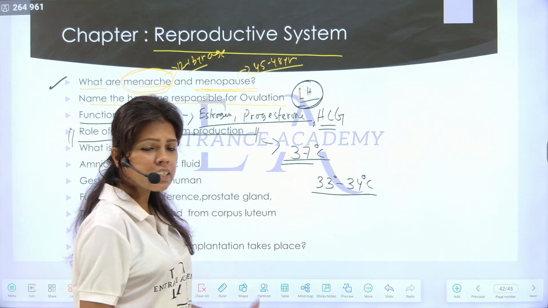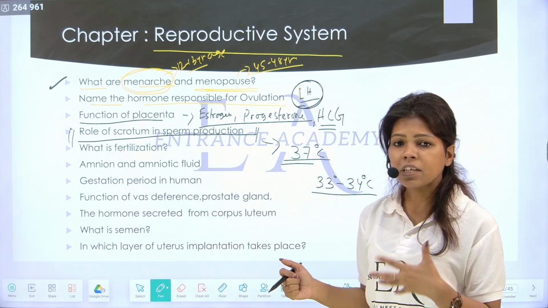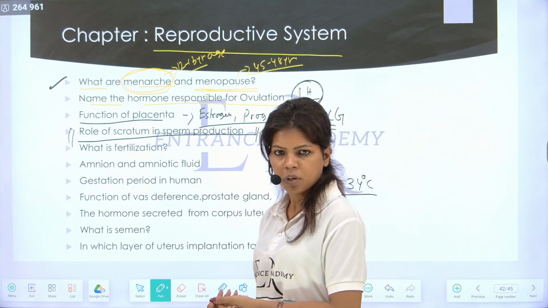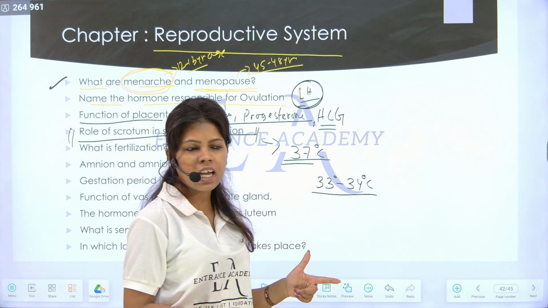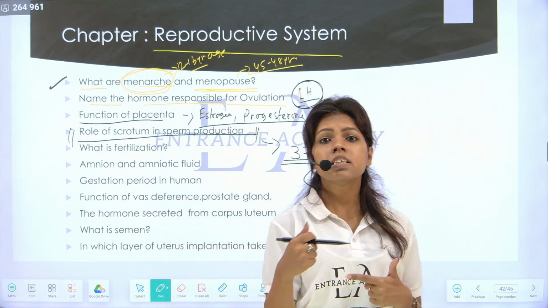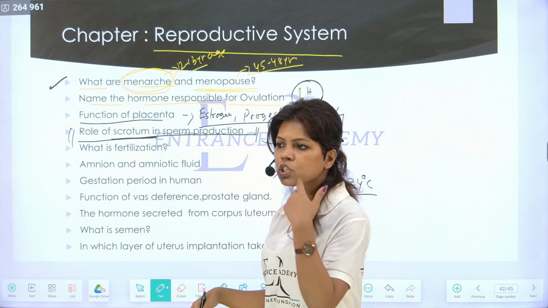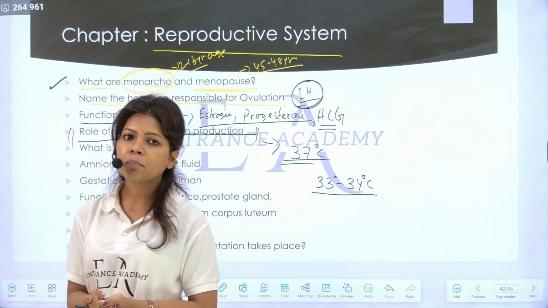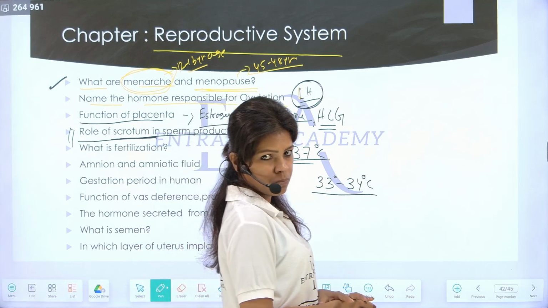So if the testis is located inside our abdomen, the temperature will not assist the sperm production. That is why the testes are hanging from our abdominal cavity and present inside an insulating sac known as scrotum or scrotal sac. And this scrotal sac will regulate the temperature of sperm production, that is 2 to 3 degree below than the normal body temperature.